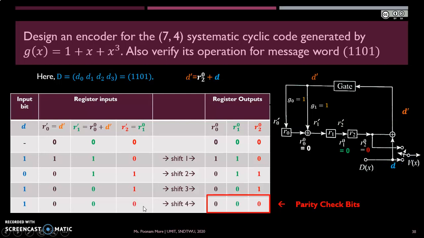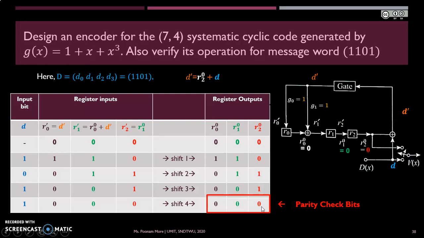After the shift, you will observe that all the register outputs are becoming 0, and that is nothing but our parity bits. So this is the result that we got from the encoder.